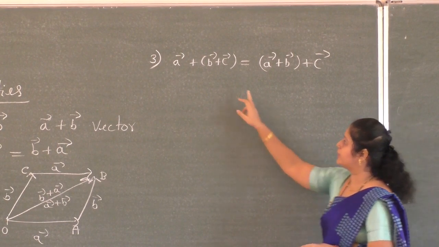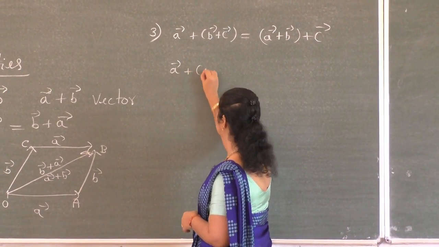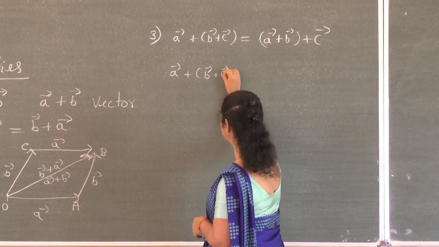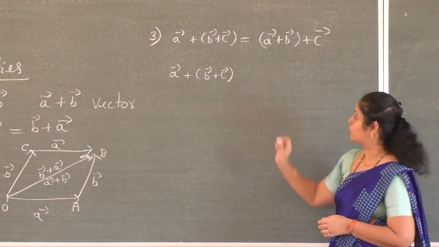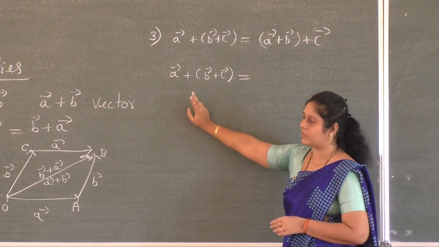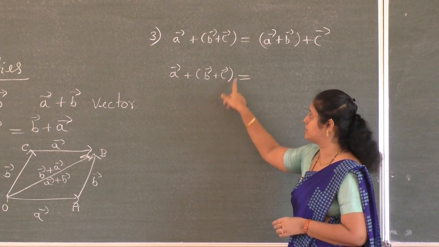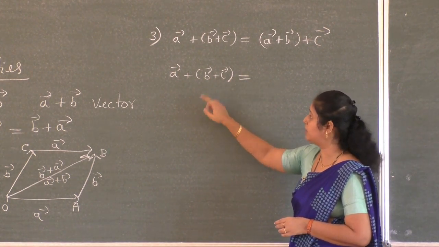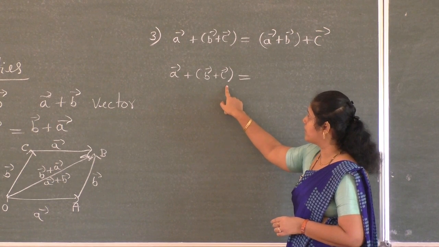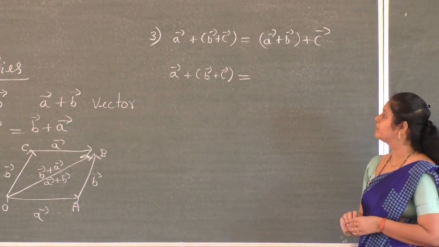Here, taking the left-hand side, we can see three vectors, vector A, vector B and vector C. The bracket is given, so we have to add vector B and vector C first, then we have to add vector A.